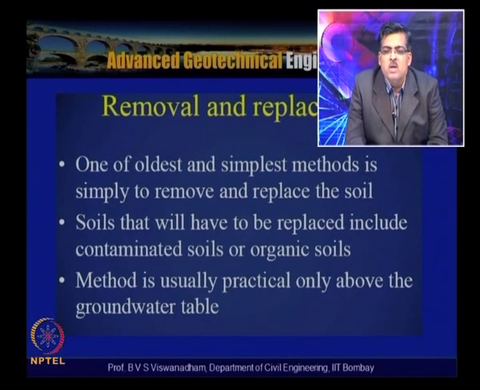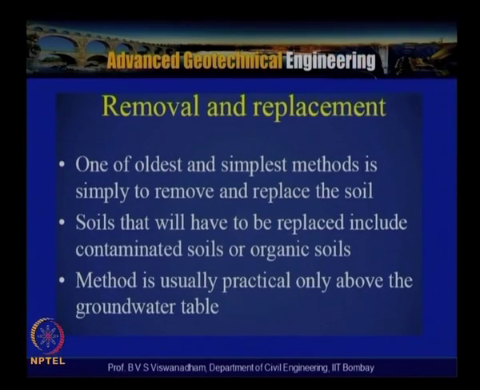This method is usually practicable if it is above the groundwater table, and if the volume of the soil to be removed or replaced is of limited quantity. If it involves large quantities, there will be difficulties, or it will be highly uneconomical to go for the removal and replacement technique.